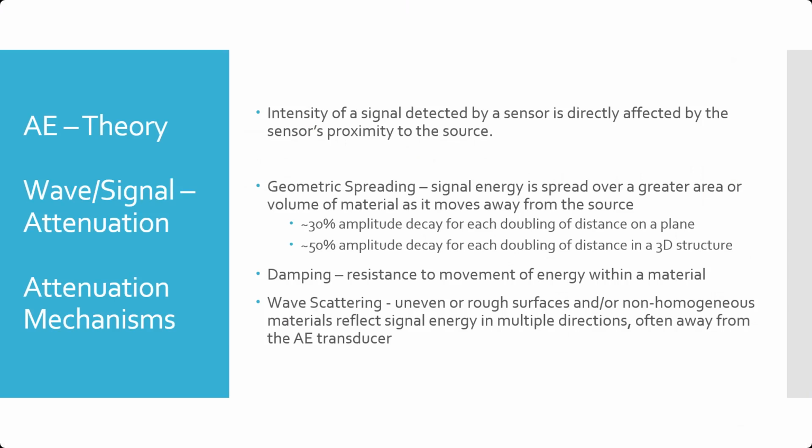The other part of that is a signal is going to travel in 2 dimensions or 3 dimensions, right? Right where the signal is released, there's a certain amount of energy, and then that's going to spread through the part. So you have that same amount of energy being spread over a bigger area, or throughout a larger and larger volume. So in a given location, as you get further away, the amount of energy that a sensor is going to pick up is going to be reduced.